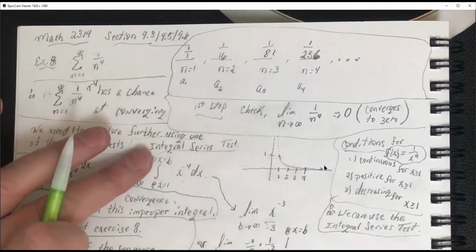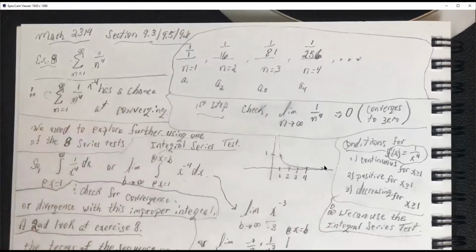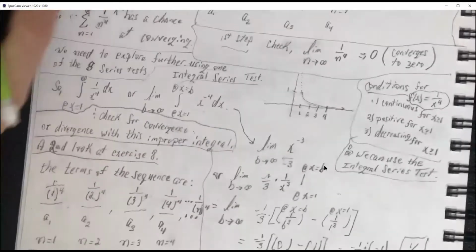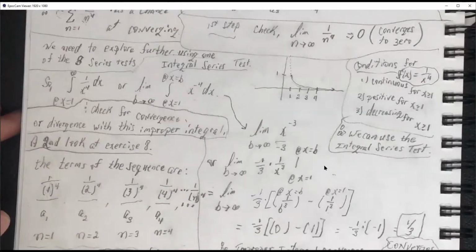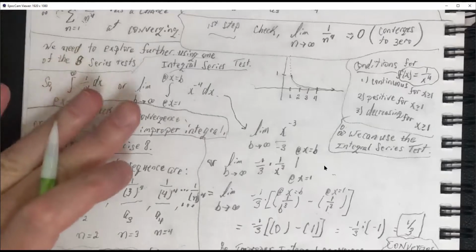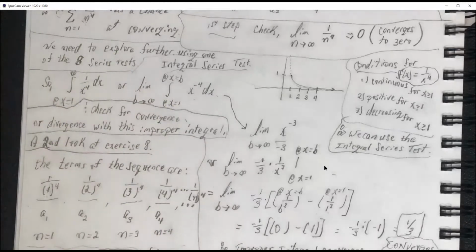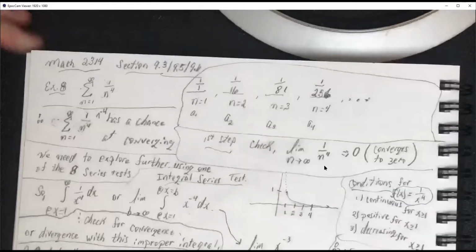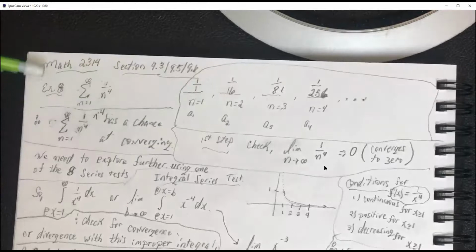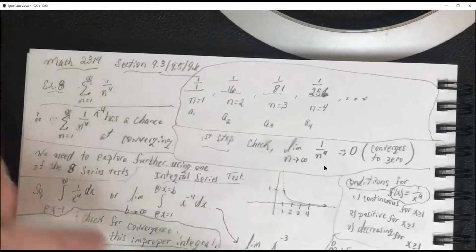The author wanted us to use the integral series test for 2 reasons. First, to practice the integral series test, and second, so that we can make a connection. We did use the integral series test to determine the convergence or divergence of this series up here, and we determined that it does converge.